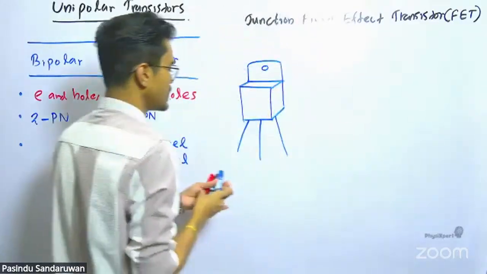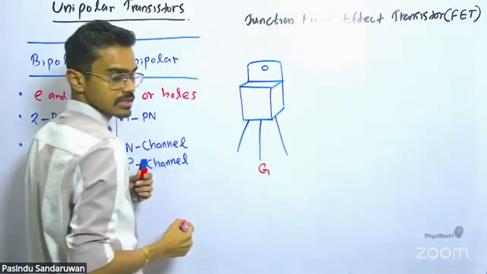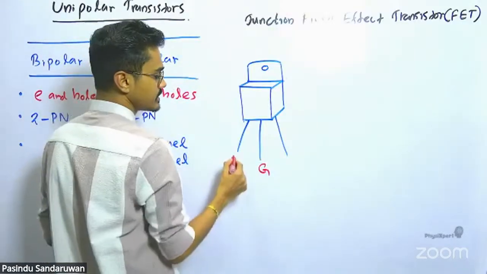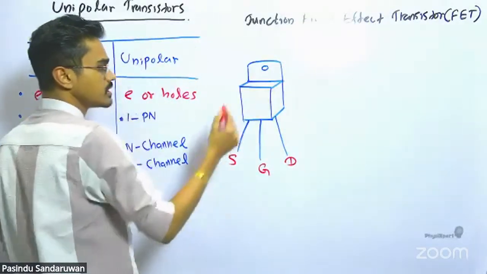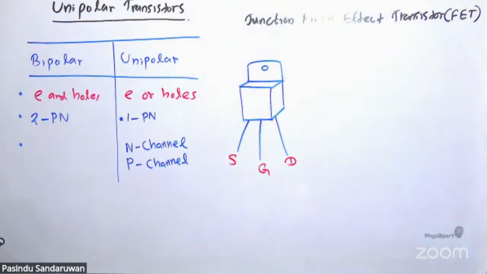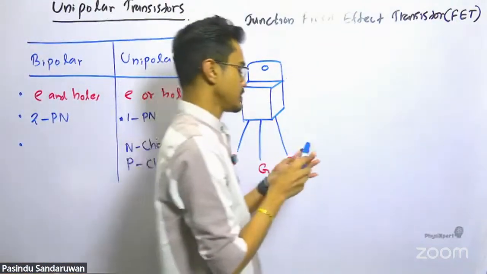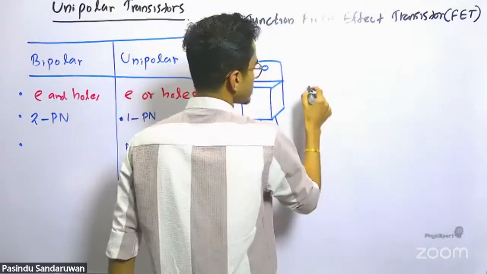Instead of base, here we have gate. Instead of emitter, we have source, and for collector, we have drain. There are three terminals like this. This is the physical appearance.